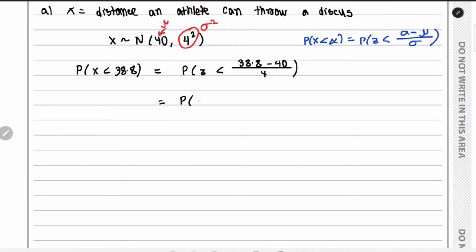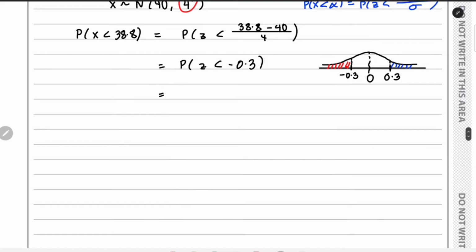So we'll get probability z less than minus 0.3. If we visualize this on a normal distribution graph, this is 0, the median. Minus 0.3 will be somewhere over here. If we use symmetry, we can find that the area on the right of 0.3, this red area over here, and this blue area over here will be the same. So we can write this as probability z greater than 0.3.